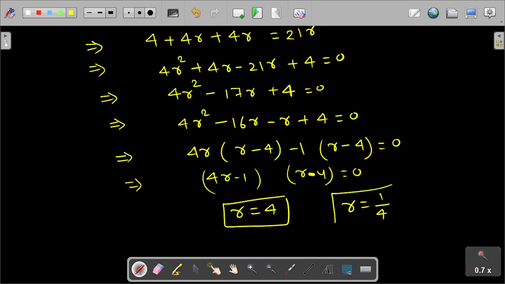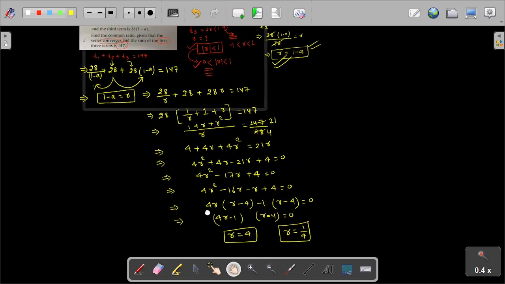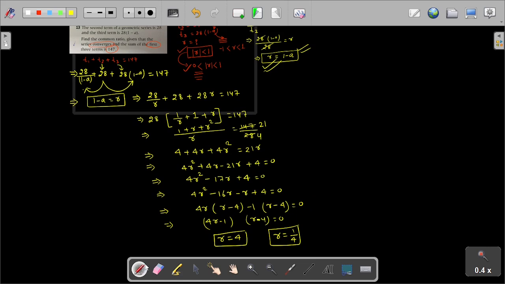So which value should be accepted? Please think also. The question says the series is converging, and this r is 1 − a, which we assumed as r. So the magnitude of r should be less than 1. So r = 4, we can't take it.